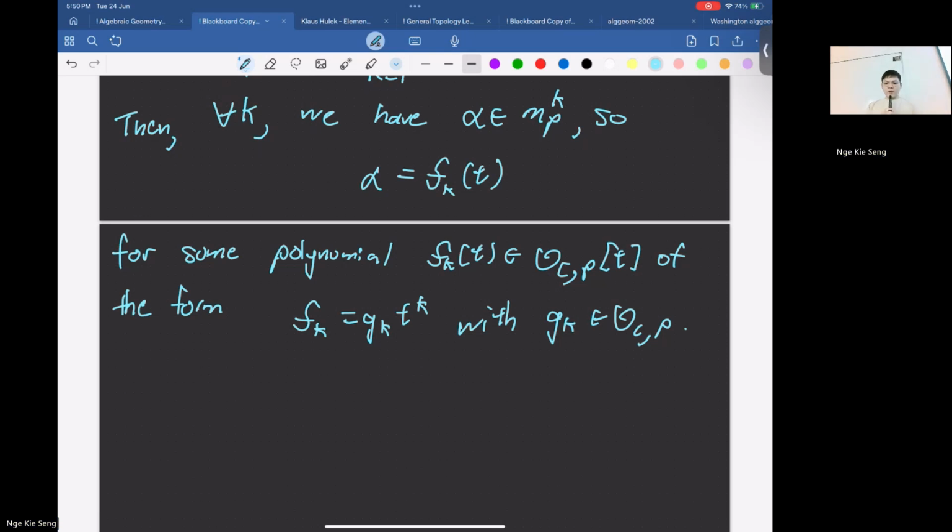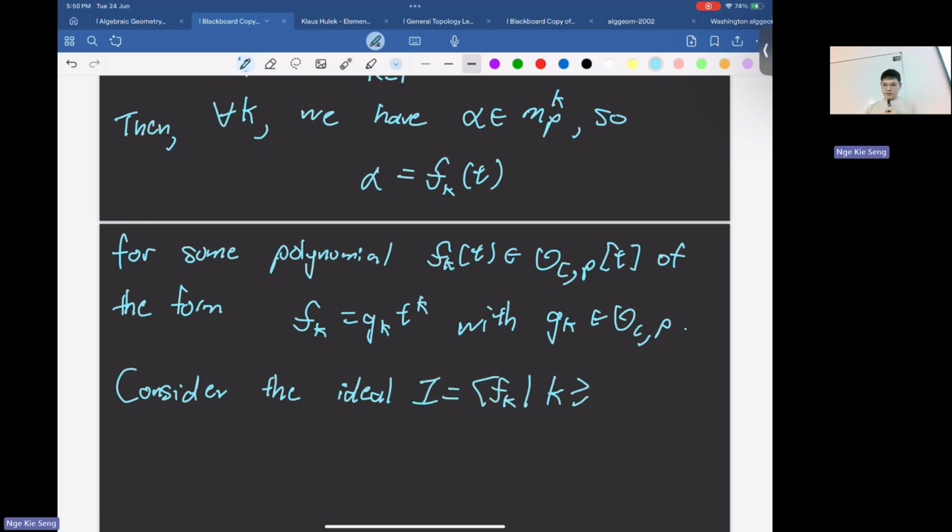But if we consider the ideal generated by all such f_k here, what do we know?